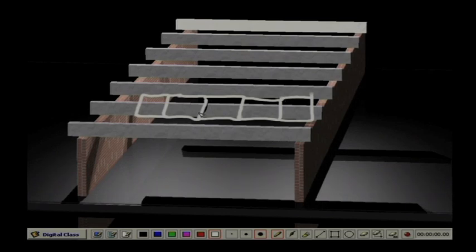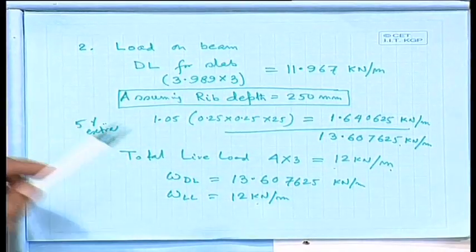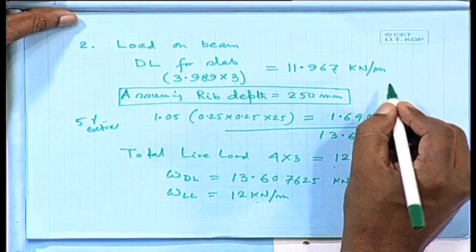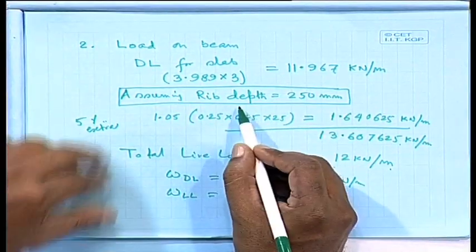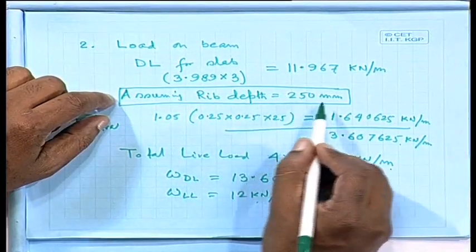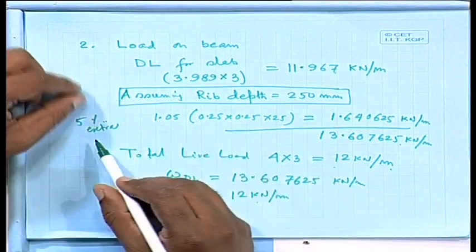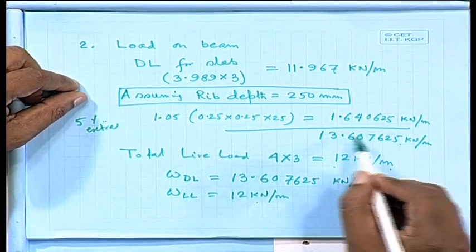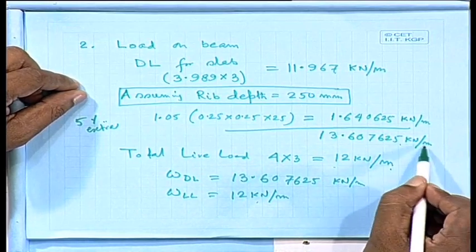Now we have to take the loading on the beam. How much is the load on beam? Dead load for slab we have already computed, and here we have assumed a certain rib depth, it is 250 millimeter. We are taking 5% extra for plastering and other things. So, we can get 13.607 kilonewton per meter.